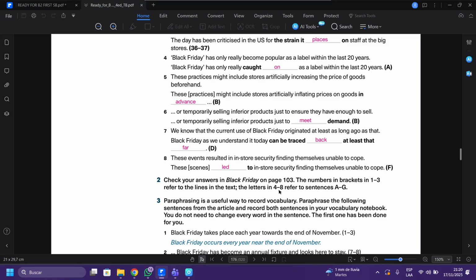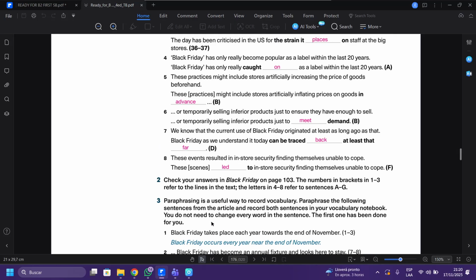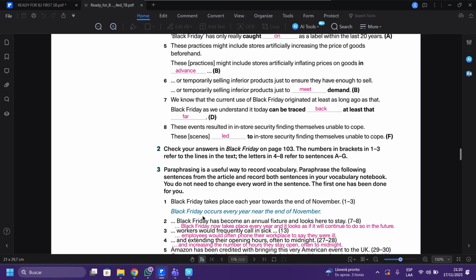And the book has provided us with an example. For example, you can say Black Friday now takes place every year, right? Instead of saying annual fixture, and it looks as if it will continue to do so in the future. You see? It's a little bit difficult, but you have to get used to this kind of paraphrasing.